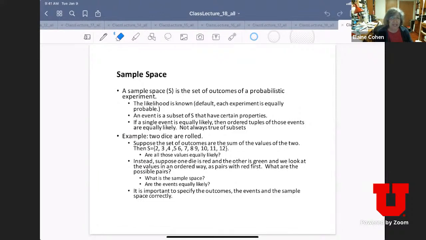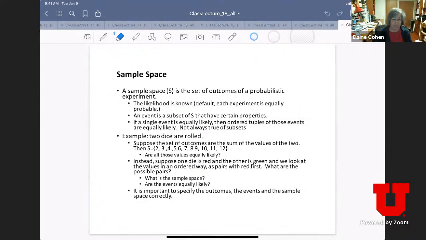Next, if a single event is equally likely, like tossing a coin, sometimes experiments consist of multiple single events, and those can lead to not equally likely outcomes. So we're going to look at that case today. Here's an example.